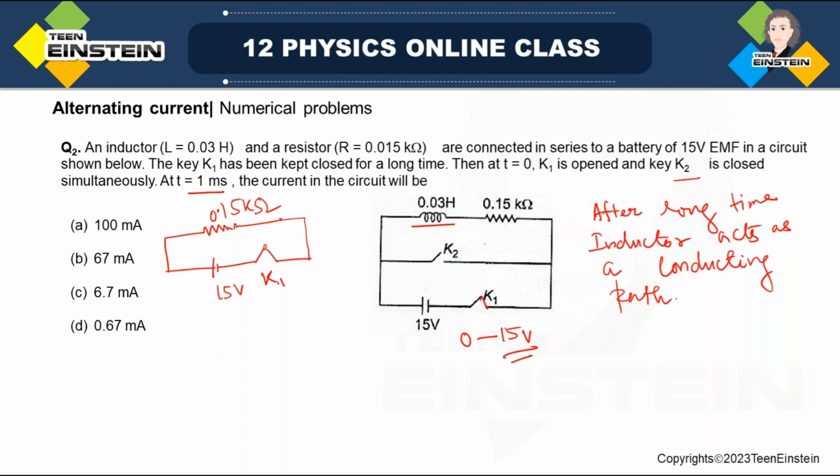So what will be the current in the circuit? First you have to see the current. The current will be voltage by the resistance, right? This is kilo ohm, 10 to the power 3. So this is the maximum current I0 in the circuit.